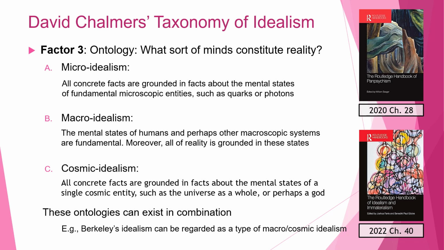These ontologies can exist in combination. For example, Berkeley's idealism can be regarded as a type of macro-cosmic idealism, in which we are representative macro minds and God is the one cosmic mind.